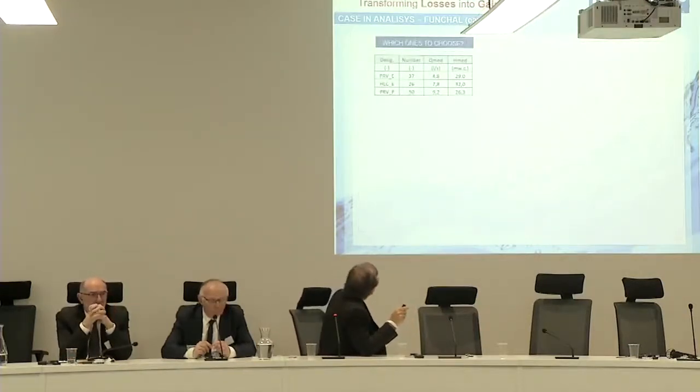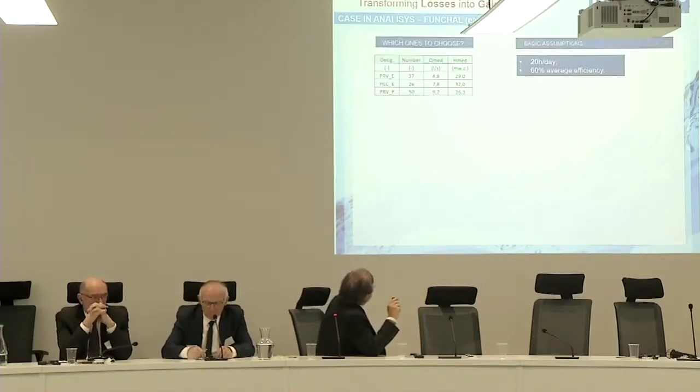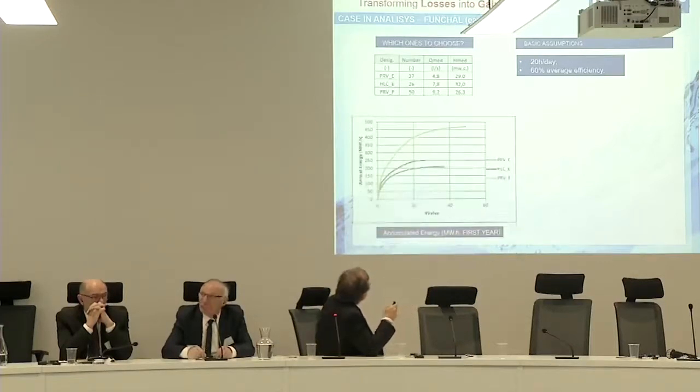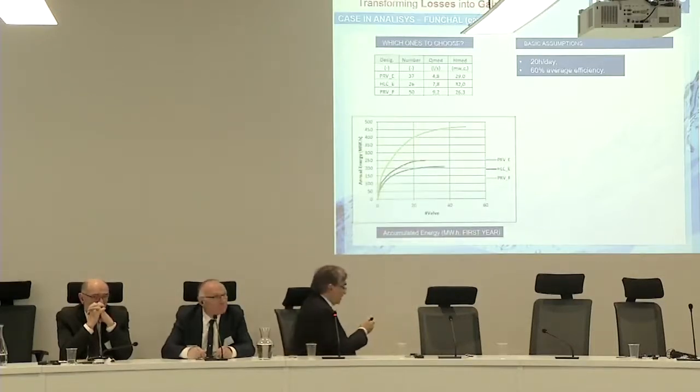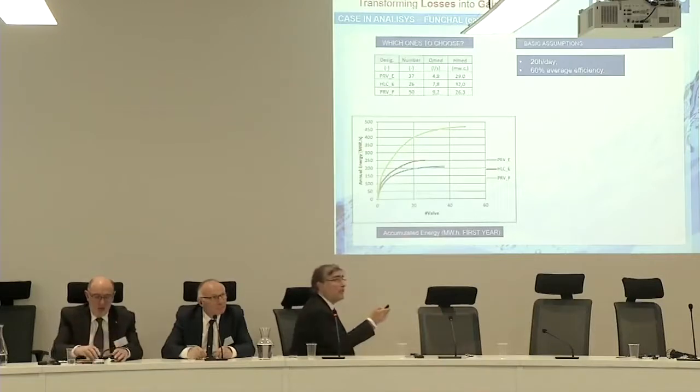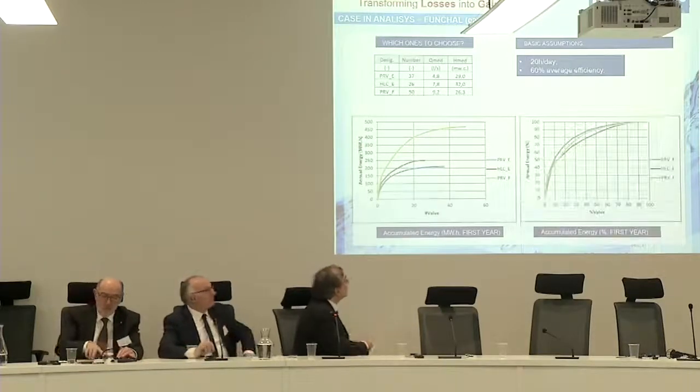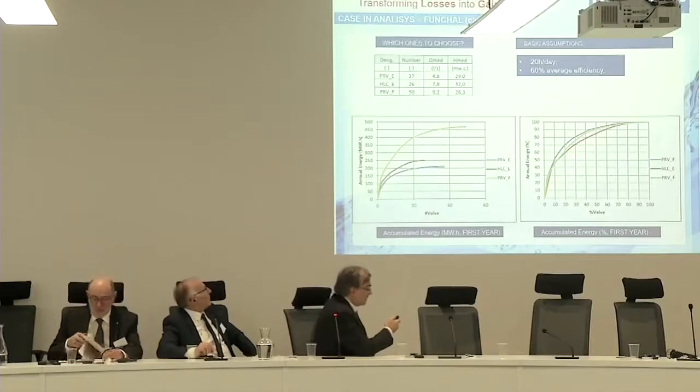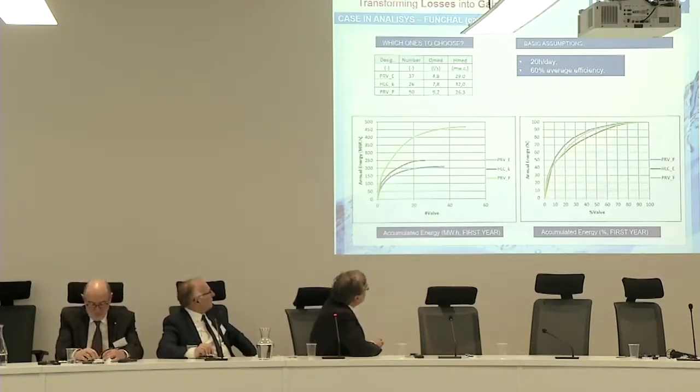Which ones to choose? Here we have all of them, and with a quick glance we can see the valves and the annual energy. If we put this in percentage, you have important conclusions. With 10% of the valves, we can produce about 50% of the potential energy.